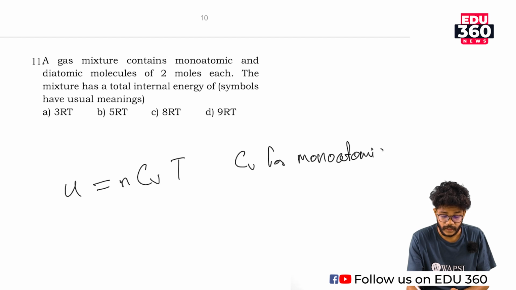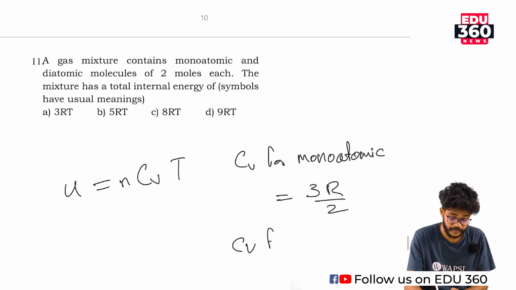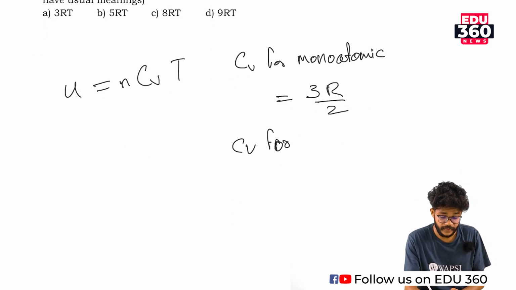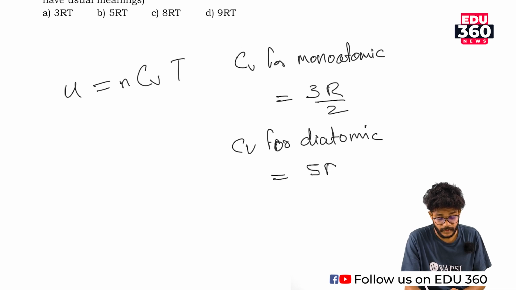CV for monoatomic is equal to 3R by 2, and CV for diatomic is equal to 5R by 2.